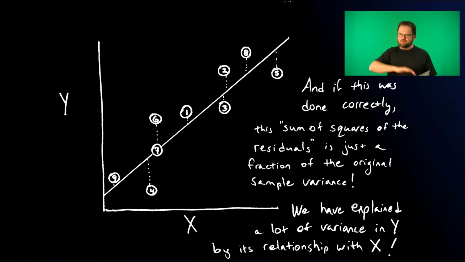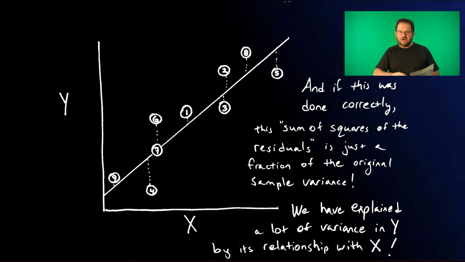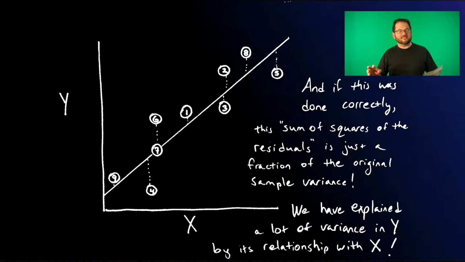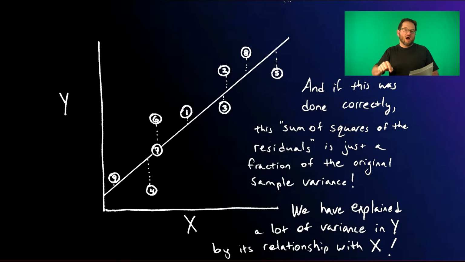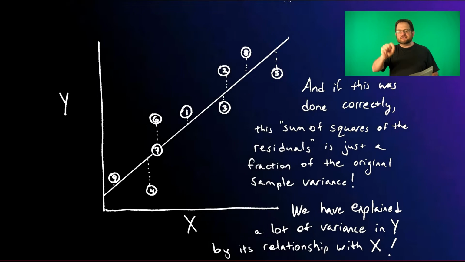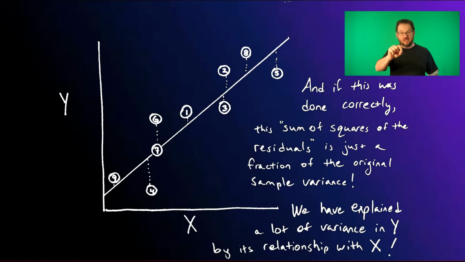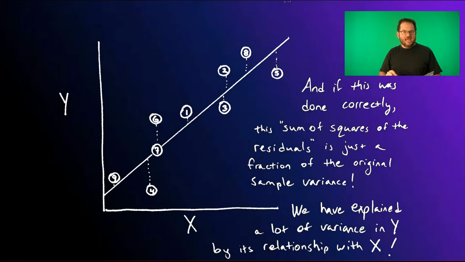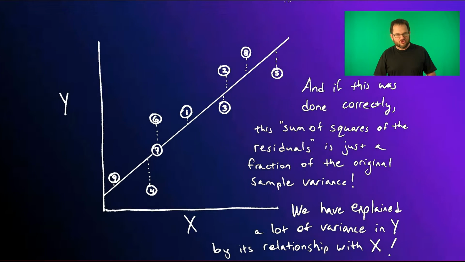Now we have this regression line, this best fit line, that goes through our cloud of data when we express it as a scatter diagram in terms of x and y. And every point y of i has some residual that is the distance from the regression line to that point. And we could think about the sum of the squares of those residuals.